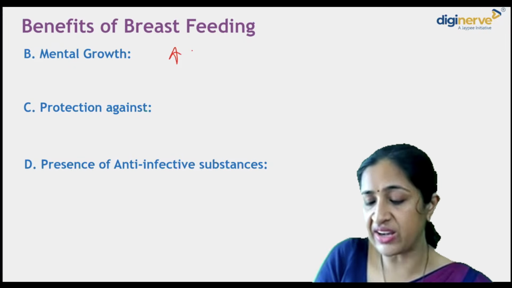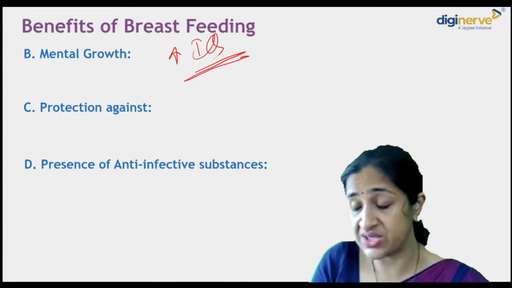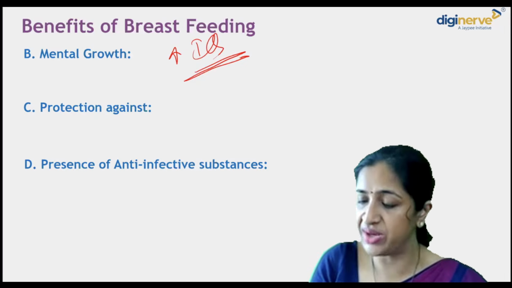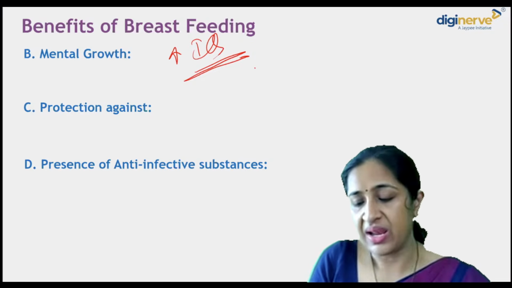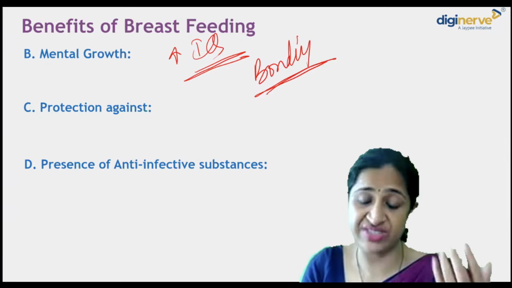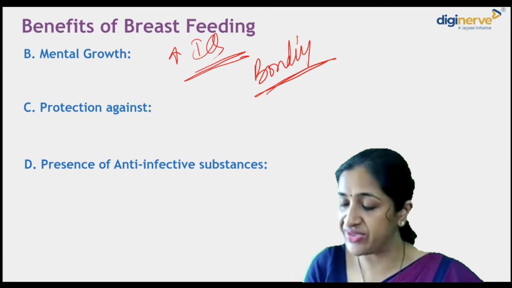Mental growth, greater IQ in children who are breastfed as compared to babies on formula feeding, though this depends on the genetic potential. Bonding with mother and a good feeling of security is there in breastfed babies.